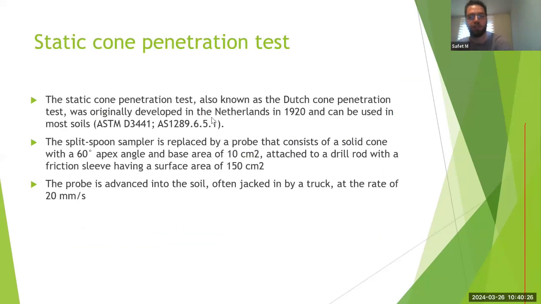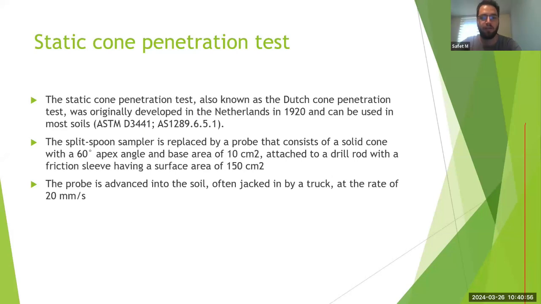Basically, the static cone penetration test, also known as the Dutch cone penetration test, because originally it was developed in the Netherlands in the early 19th century, can be used in most soils. What we usually see in Europe is that it's mostly used for the softer clay, or the place where we don't have a lot of non-cohesive ground, such as huge sand and gravel.